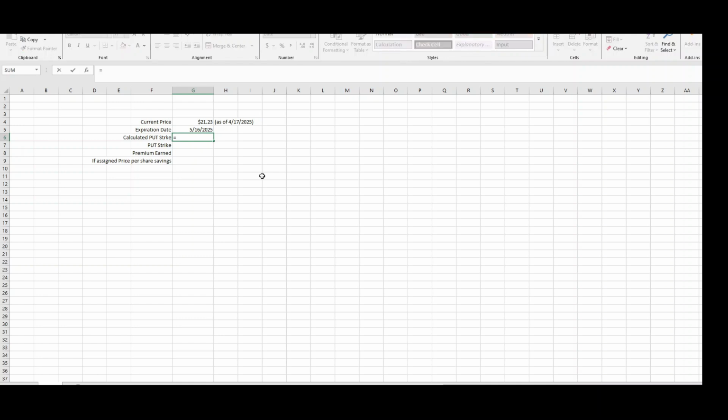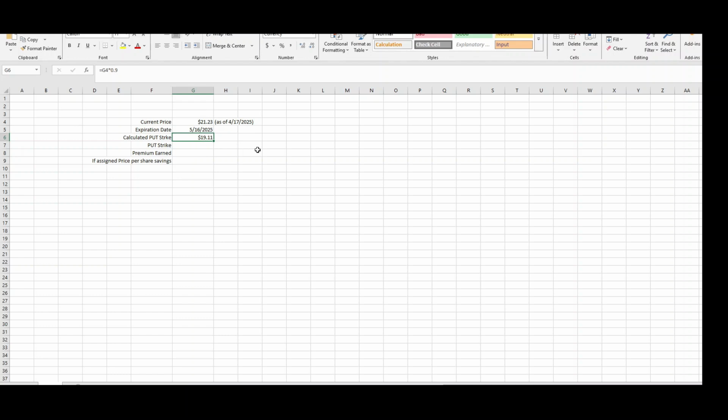So we'll do a quick little calculation here and hit equals, and we will select that price, and that's the current price times 0.9. There we go. So current price being $21.23, our calculated put strike being $19.11. And that is, again, simply the current price times 0.9 to give us a calculated put strike to start.